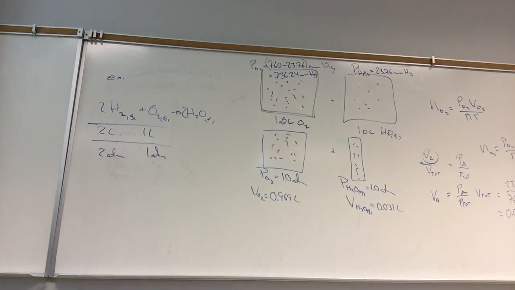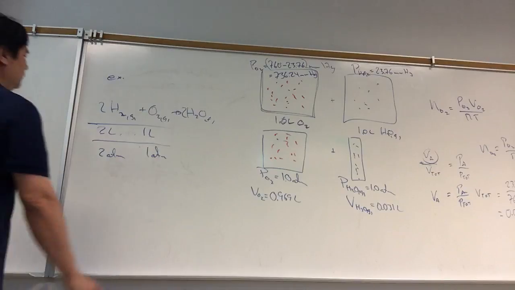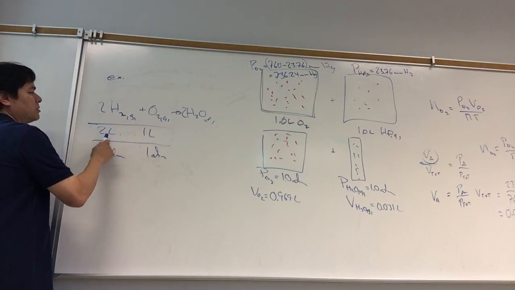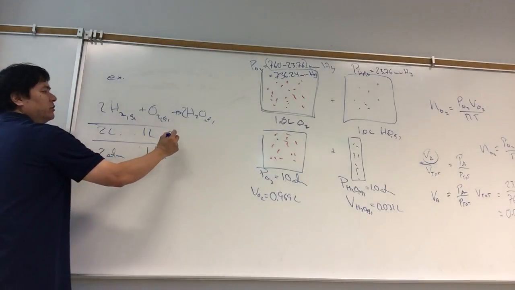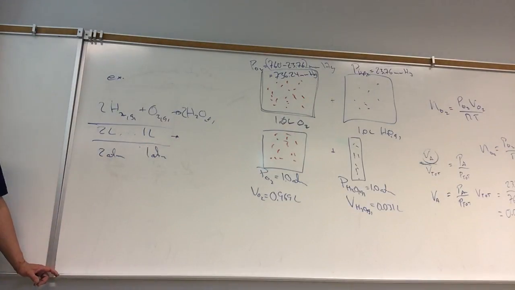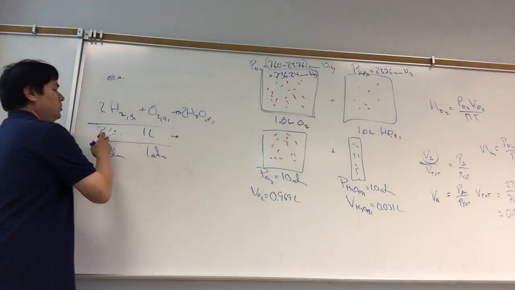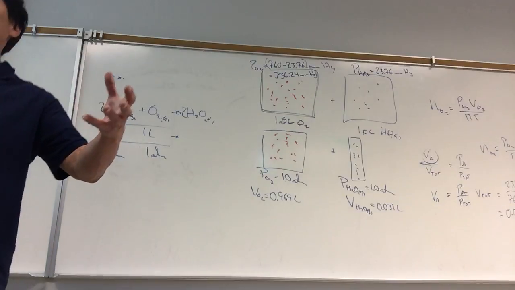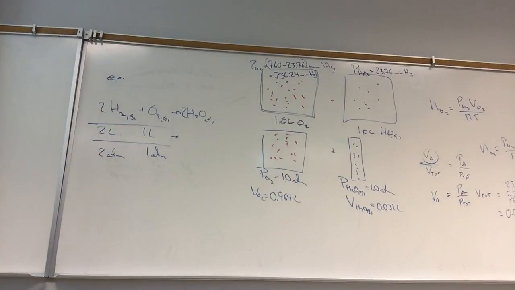All right, now let's think in terms of Avogadros. 2 liters plus 1 liter, they're going to react. So you have 3 liters of gas. It's going to react, and it's going to form how many liters? 2.